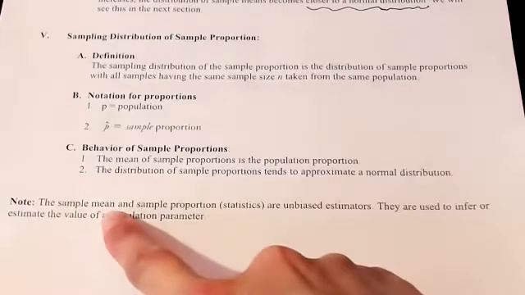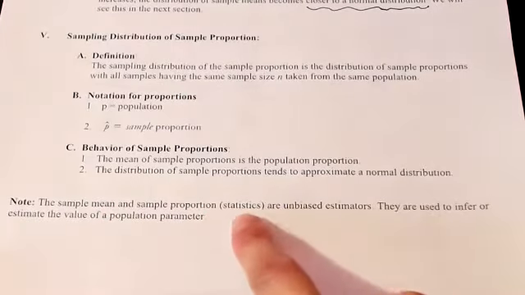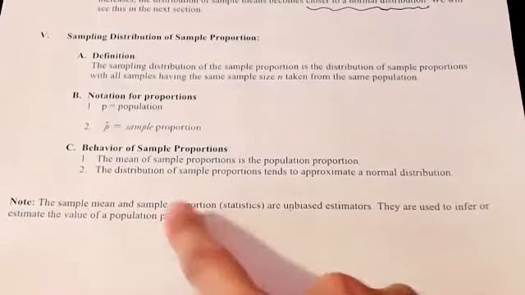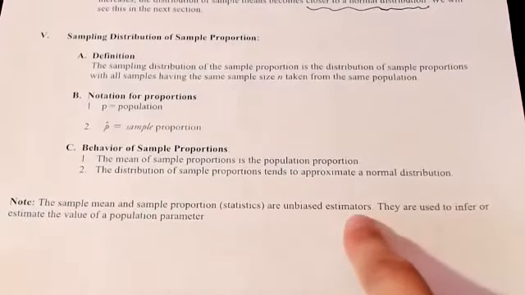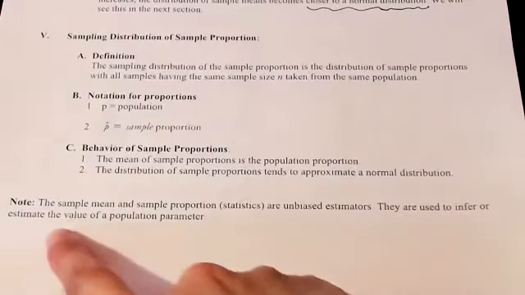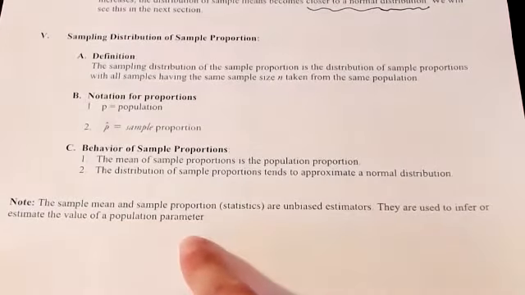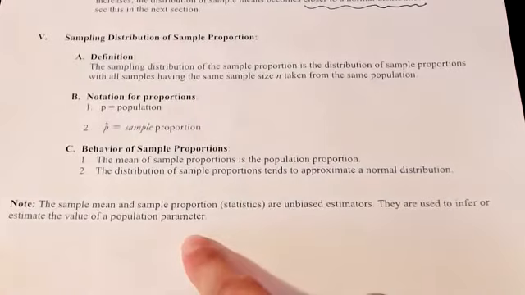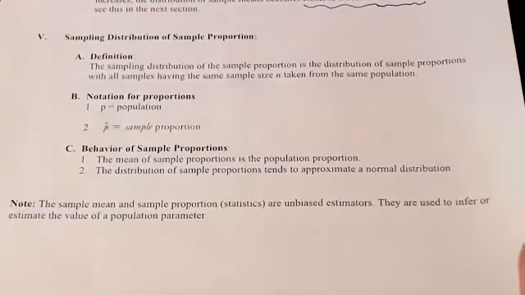The sample mean and sample proportion, these are statistics, because they're samples, and they are unbiased estimators. They are used to infer or estimate the value of a population parameter. So we use this to inform us about that population. Good. Let's turn the page and talk about the central limit theorem.